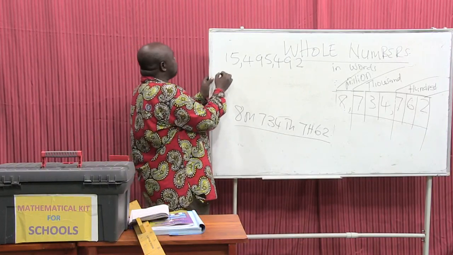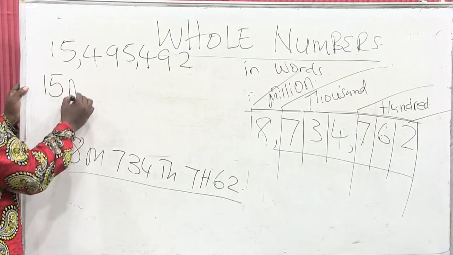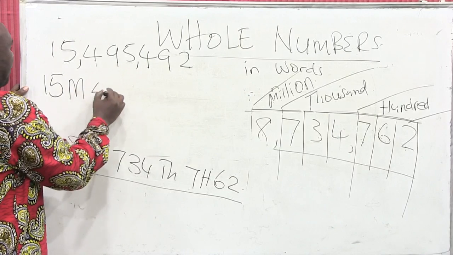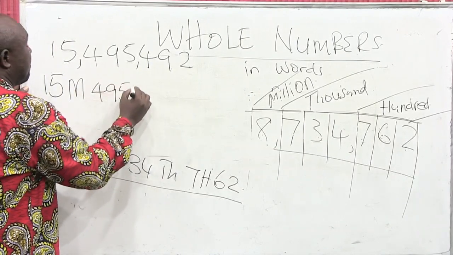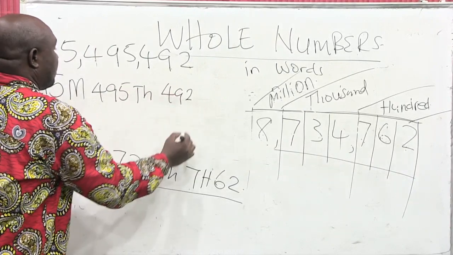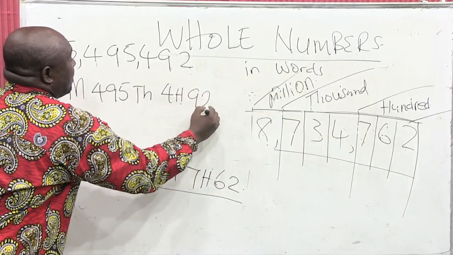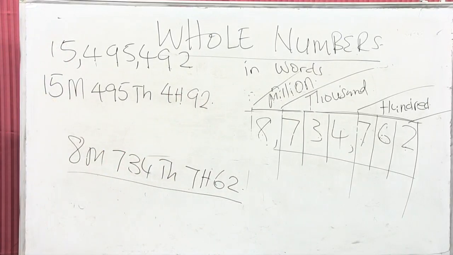Then you can write in short: 15M, 495 TH, 492. 4H92. Then you have shortened it like that. Now we read 15, it is 15.